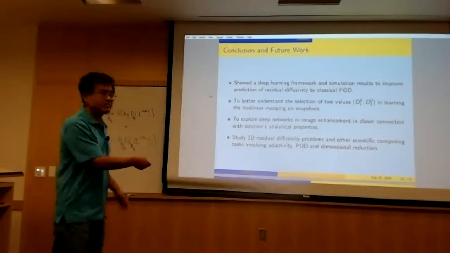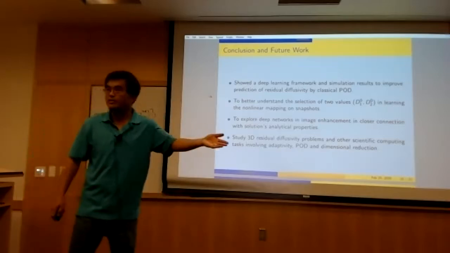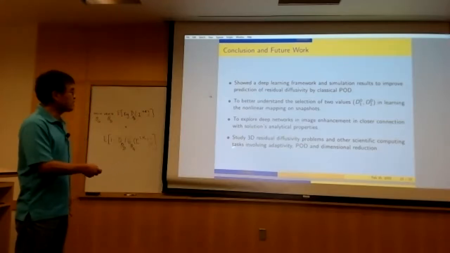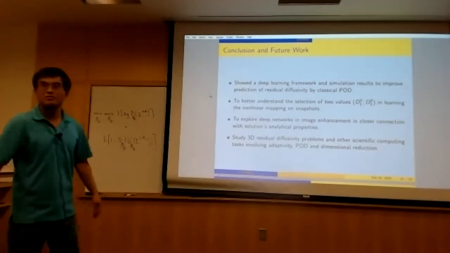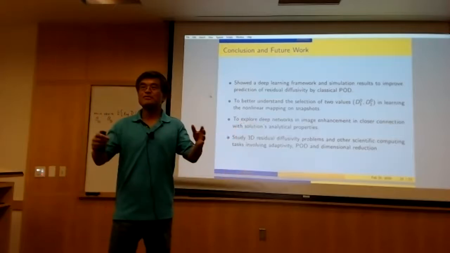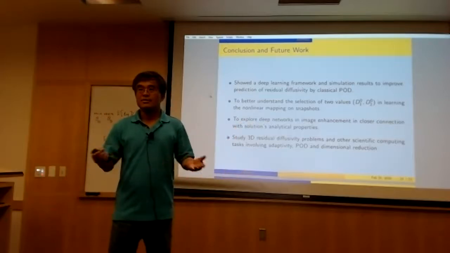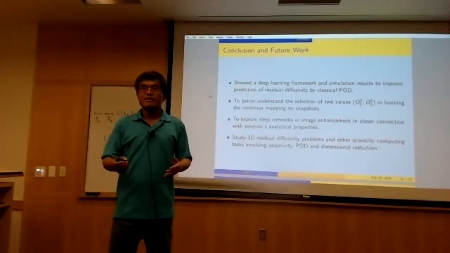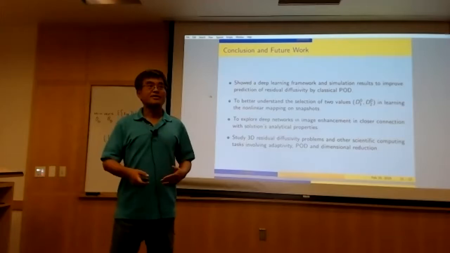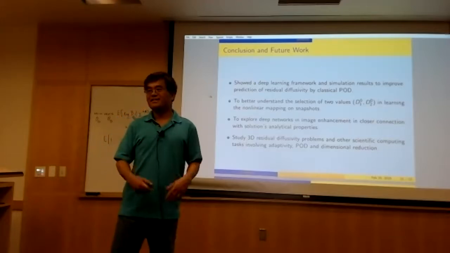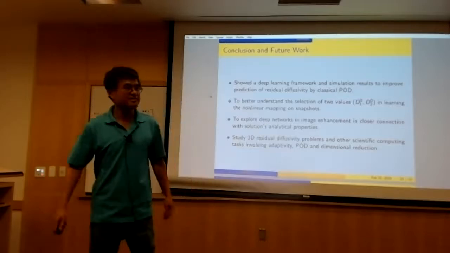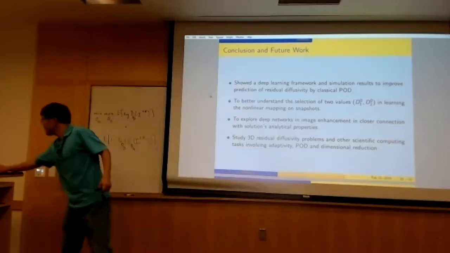Anyway, I think there's a lot to be explored in 3 dimensions to continue this line of work. And eventually we want to get back to the physical problems or other problems people have in this area, where you want to do reduced order modeling of a complex problem. In addition to just doing singular value decomposition, can you use deep learning to get more out of it? Okay, so that's all. Thank you very much.